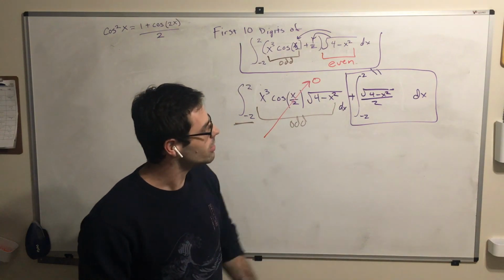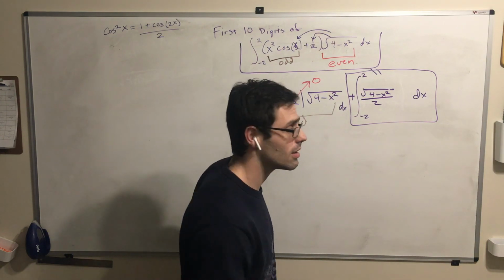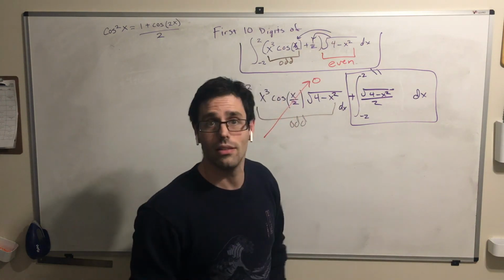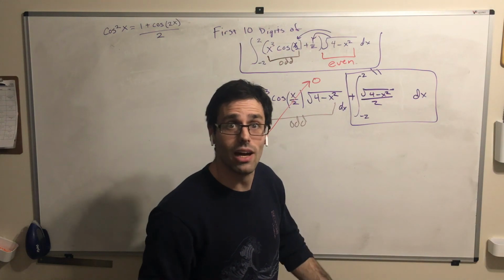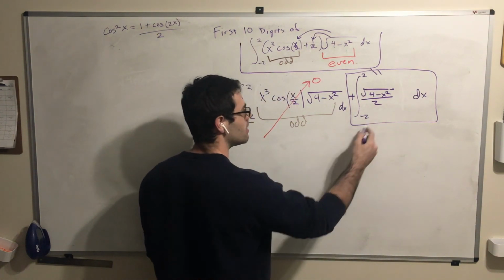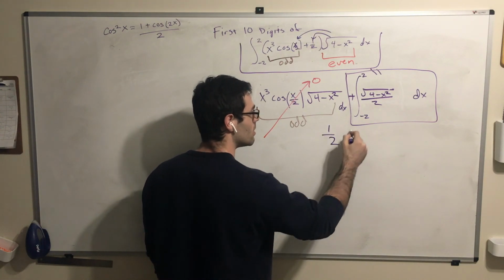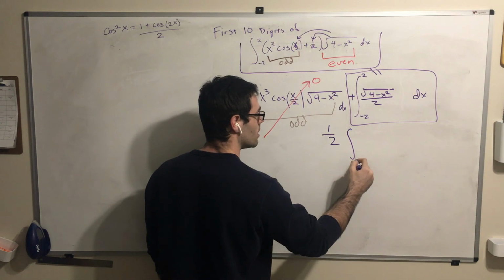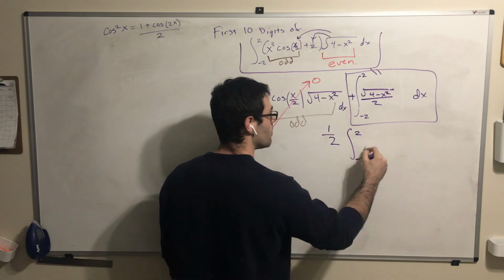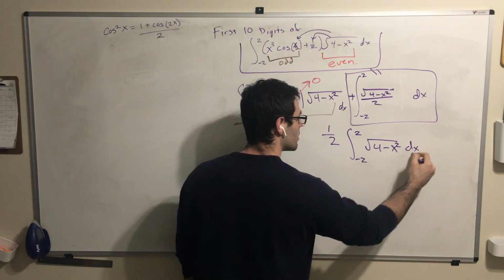Okay, well, let's simplify this slightly and try to figure it out. There are two ways we can do it. I'll show both of them, and it should be a piece of cake, or, well, pie. Okay, so what we get is 1/2 of the integral from negative 2 to 2 of root 4 minus x squared dx.